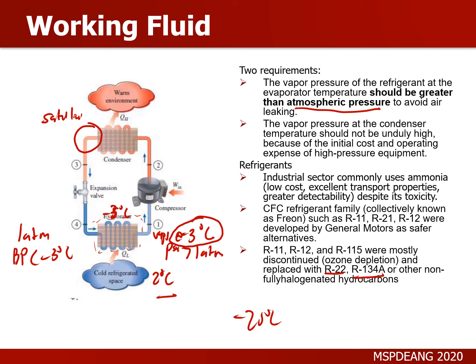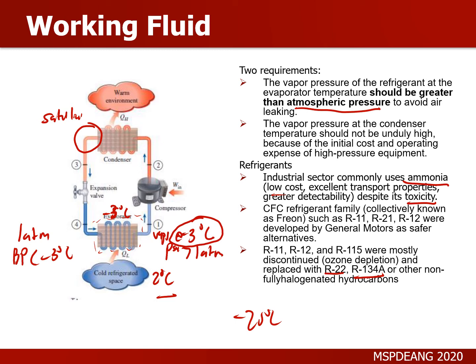Ito yung most common freons used in most chemical process industries or even in your actual refrigerators or air conditioners. Okay? So in some other cases, you can also select ammonia. Kasi maganda sa ammonia, it's quite cheap, maganda transfer properties niya, and madali ma-detect kung meron tayong leakage. Pero yun nga lang, you have to be careful with ammonia kasi inherently toxic siya.